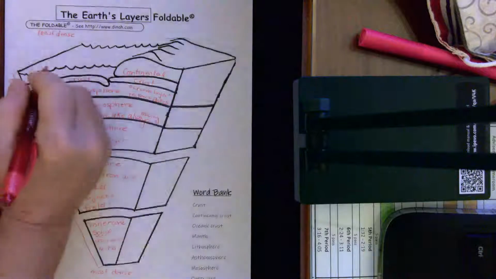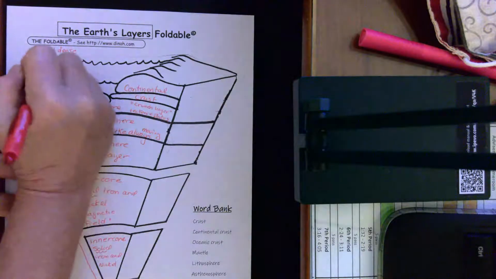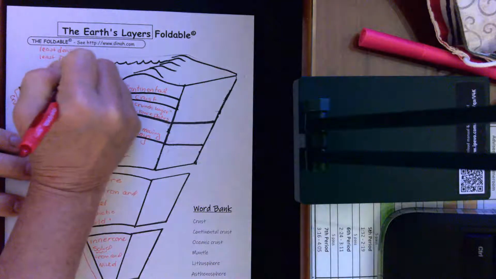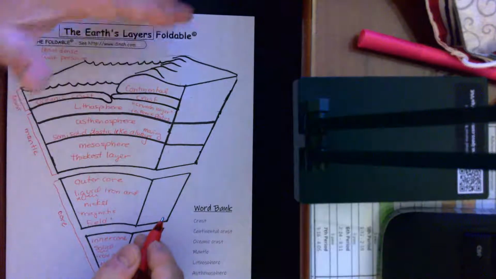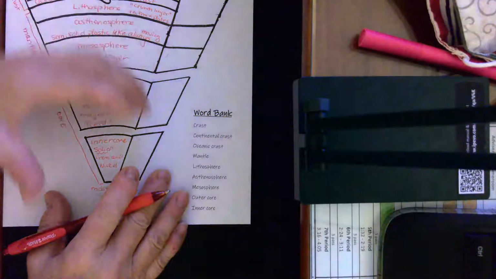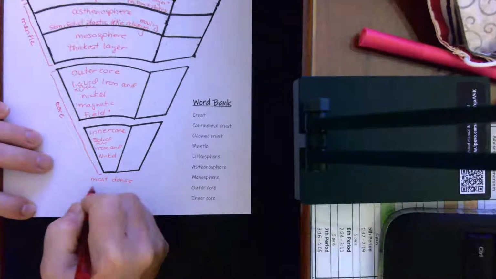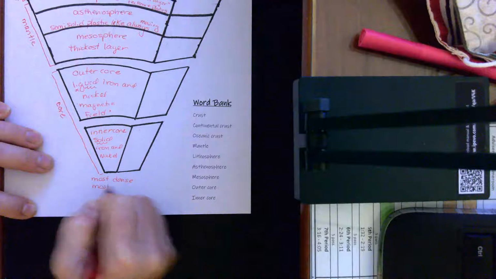Pressure works the same way. At the top, we have the least pressure, because there's not anything except gravity pushing down on us here. But here, all these layers are pushing down, with the inner core getting the most of it. So the inner core is the most pressure.